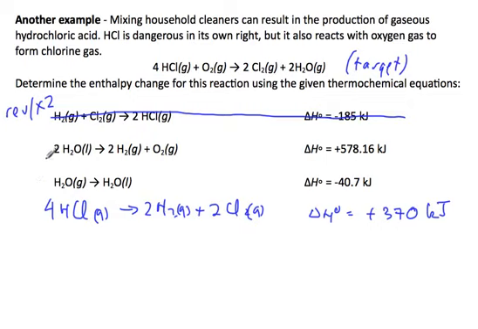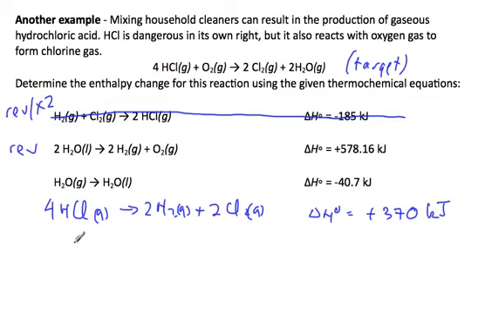I look at this second equation. 2H2O liquid yields 2H2 gas plus O2 gas. And the only place I have H2O in my equations is a product, but it's H2O gas. But what I do have is O2 as a reactant in my target, and this is the only place I have O2, and it's a product. So I'm going to have to reverse this, but I'm not going to have to multiply it by anything.